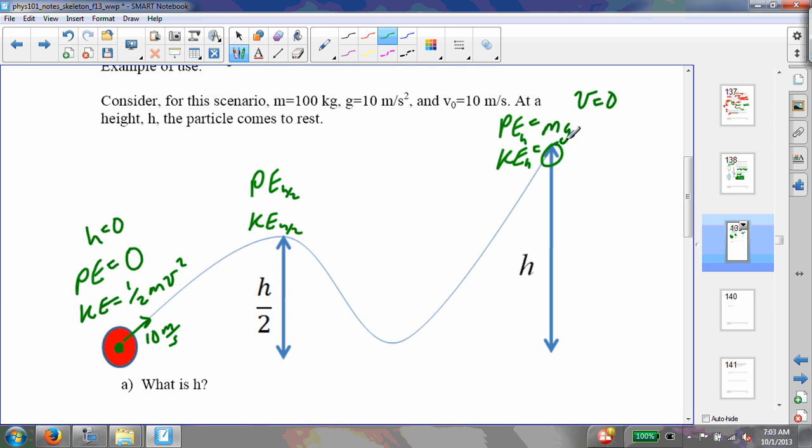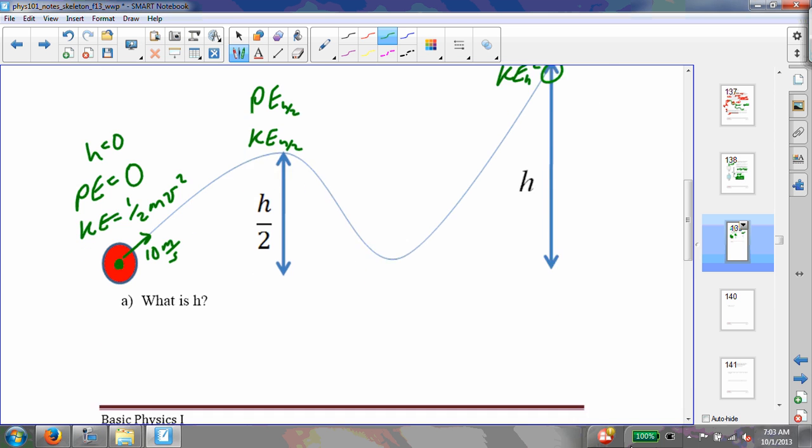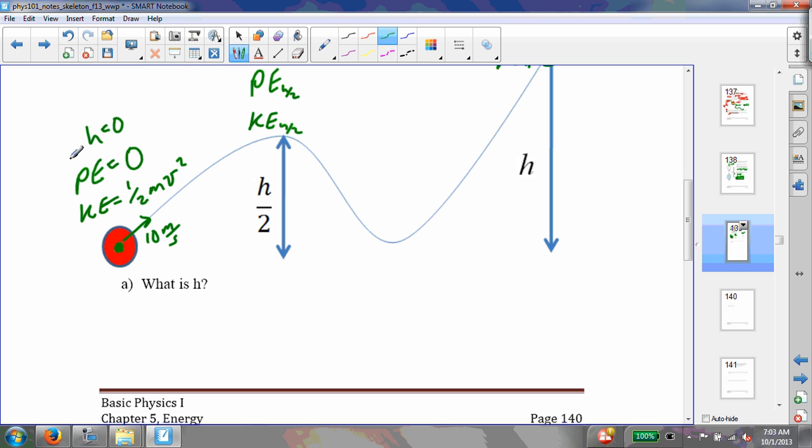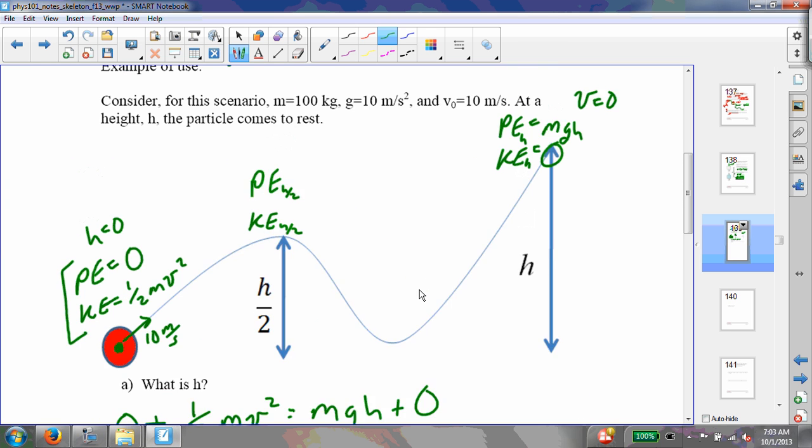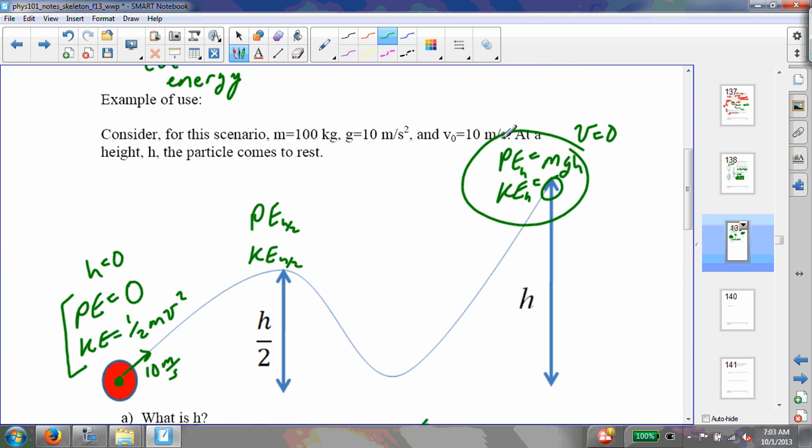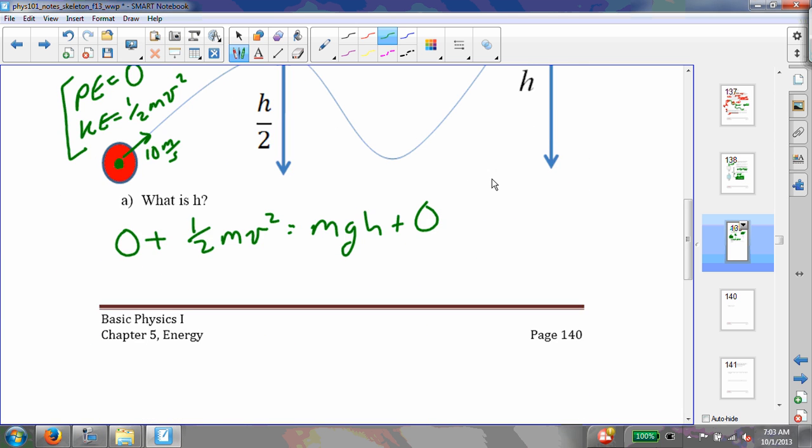And I know then that my potential energy equals mgh. So I can say this sum of energy, that is 0 plus 1/2 mv squared, equals mgh plus 0. That is equal to the sum of these energies. And then I can use that to solve for h.